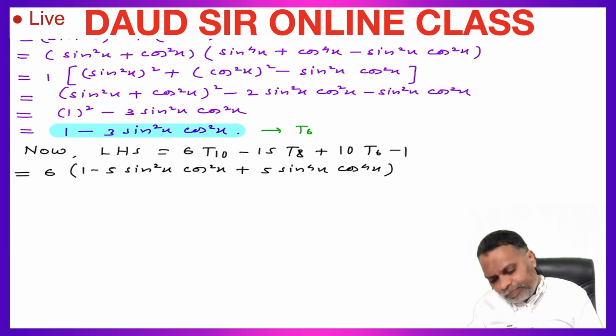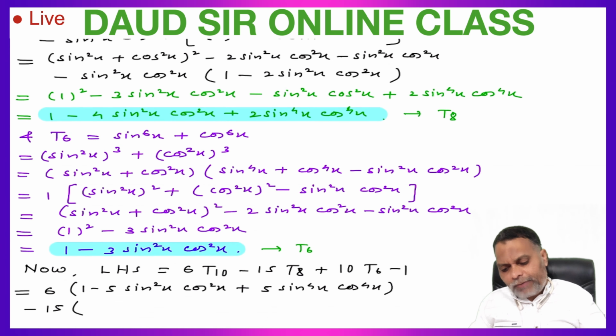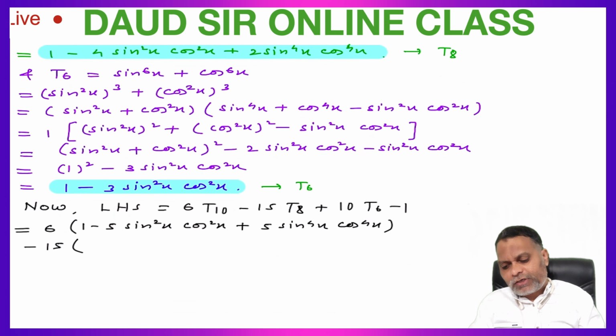Minus 15 t8. The value of t8 is 1 minus 4 sine square x cos square x plus 2 sine raised to 4 cos raised to 4.